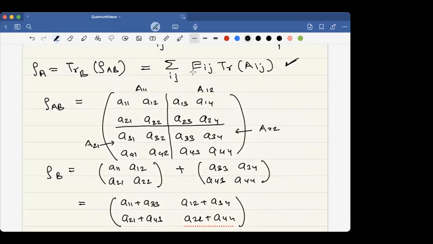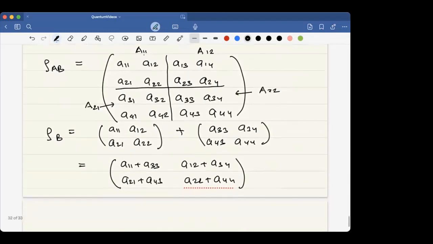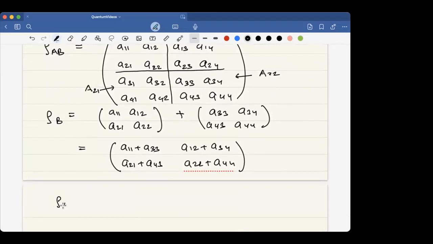The trace of capital A11 will be A11 plus A22. So rho A will be A11 plus A22 multiplied by E11, which is 1, 0, 0, 0. Then for capital A12, the trace will be A13 plus A24 multiplied by 0, 1, 0, 0. This is E12.